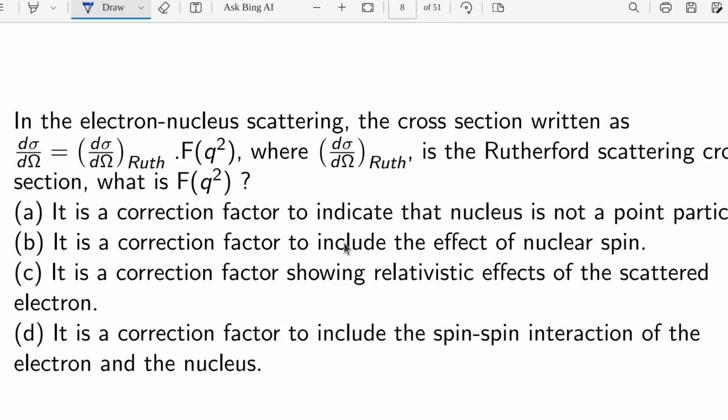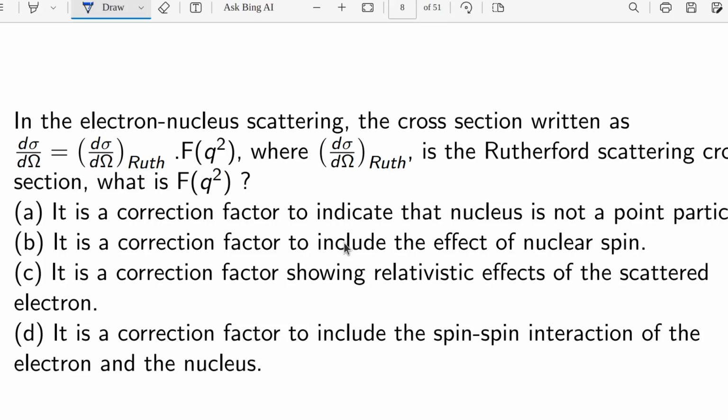Okay, so in electron-nucleus scattering, the cross section is written as dσ/dΩ equals dσ/dΩ Rutherford times f(q²), where dσ/dΩ Rutherford is the Rutherford scattering cross section, and they are asking what is f(q²). So there are four options. One: it is a correction function to indicate that the nucleus is not a point particle.